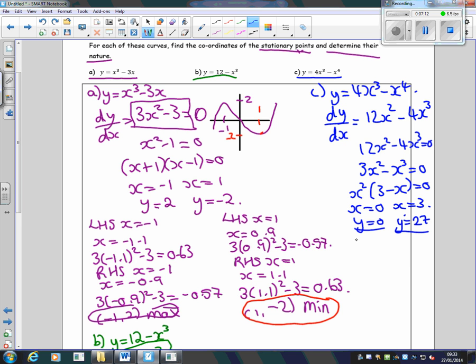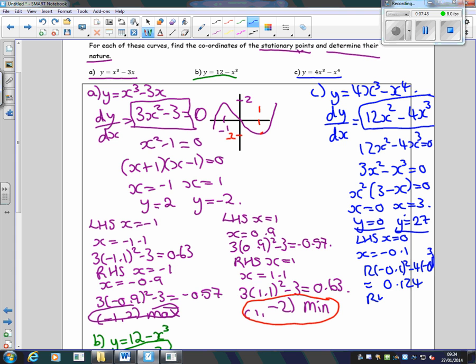So we need to test the left-hand side of x equals 0. So that would be x equals minus 0.1. And that would give us, substituting that into this equation here, 12 lots of minus 0.1 squared minus 4 lots of minus 0.1 cubed, which gives us a gradient of 0.124.